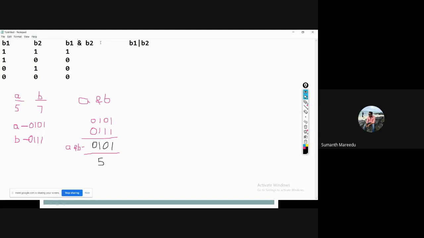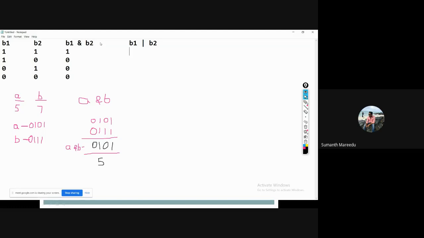So it is like this: B1 | B2. For B1 or B2, again we'll have a combination of 1 1, 1 0, 0 1, 0 0. In the case of this bitwise OR operation, if any one of the bits is 1, the result is 1.